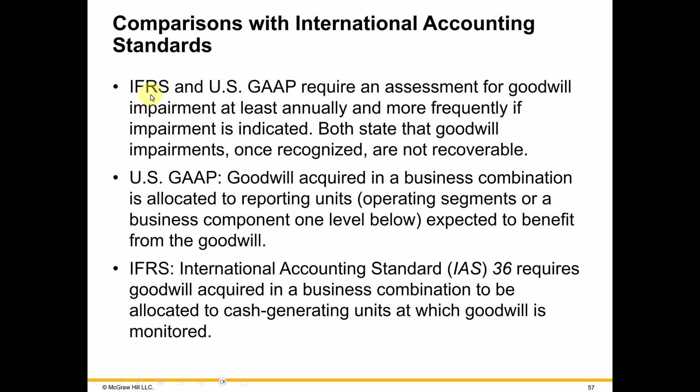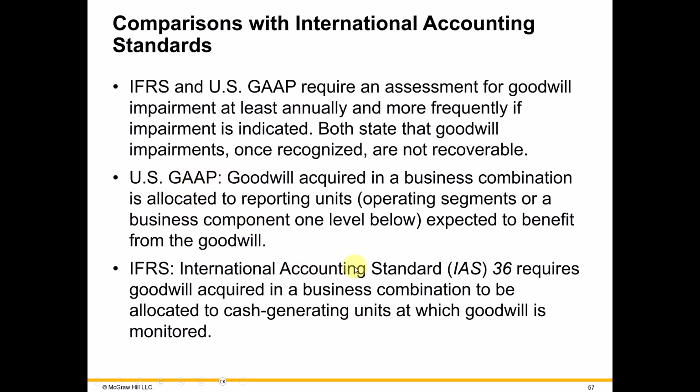There are slightly different rules for international standards. Instead of using reporting units as under US GAAP, IFRS uses cash generating units, I guess based upon cash flow for each of these units here. And they don't use the qualitative assessment like we do here.